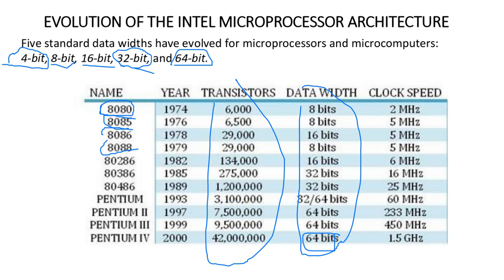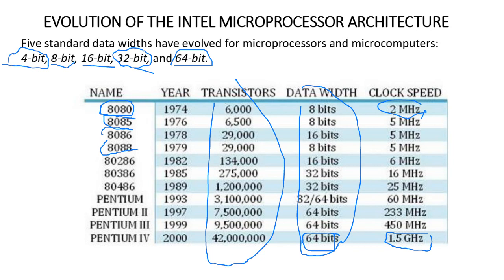You can see it starts with 2 megahertz, and Pentium 4 was used around 2003. Do you have any idea what the clock speed of this iCore, Core i7, is?